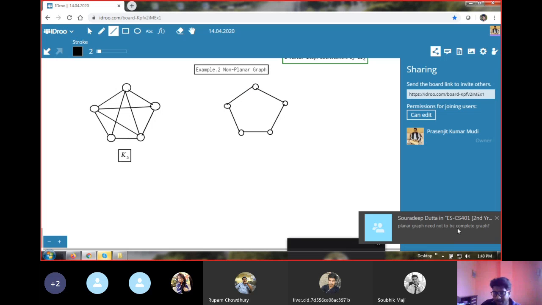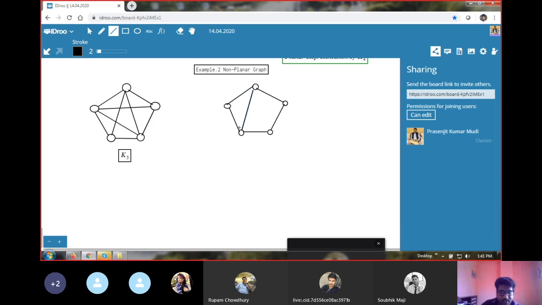Need not be a complete graph. No, no, no, we are taking some example. All planar graphs are not complete. Okay, that's all. Next, we can construct this graph, these edges.